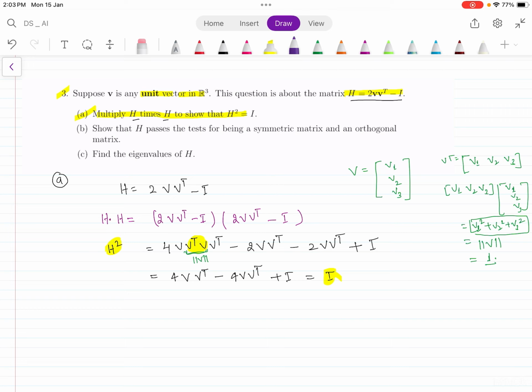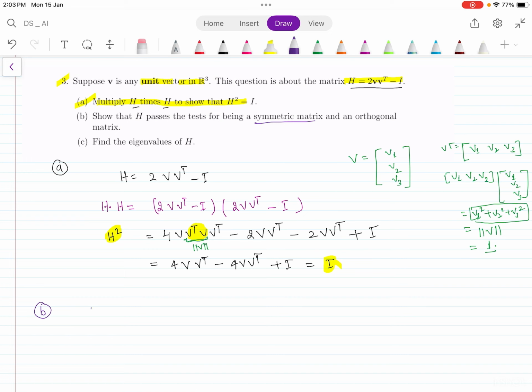Now let's look at the second part. The second part is asking that H passes the test of being symmetric. A matrix is symmetric if we take the transpose and get the same matrix.